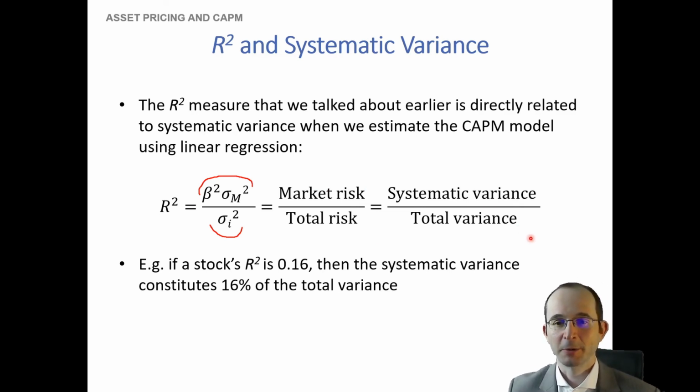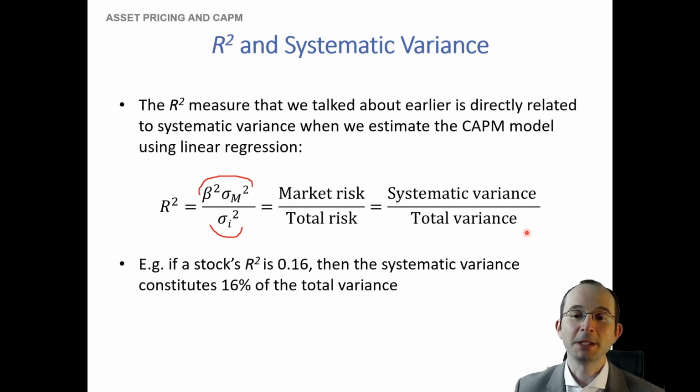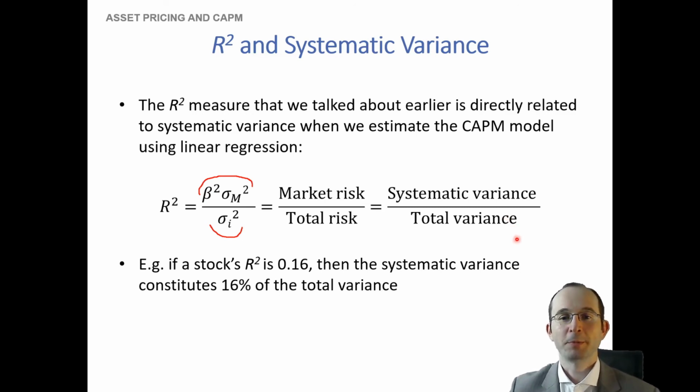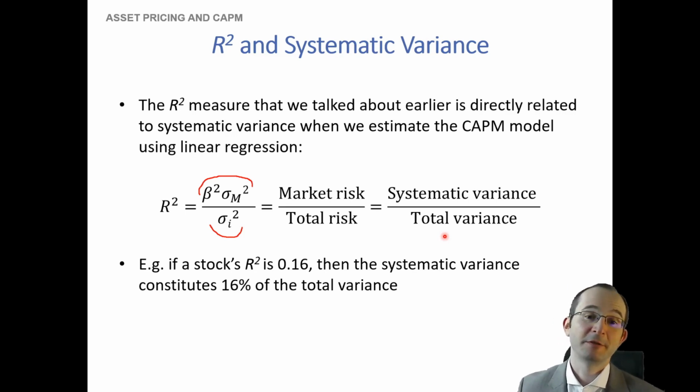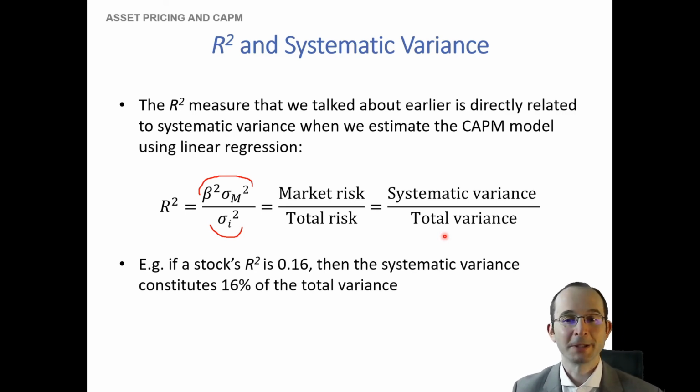So if we have access to a regression model, we don't even necessarily need to manually multiply beta squared by market variance. We can just look at the R squared statistic, and that will tell us what proportion of the total variance of the individual asset is actually systematic variance, and therefore what the remainder is as firm-specific variance.